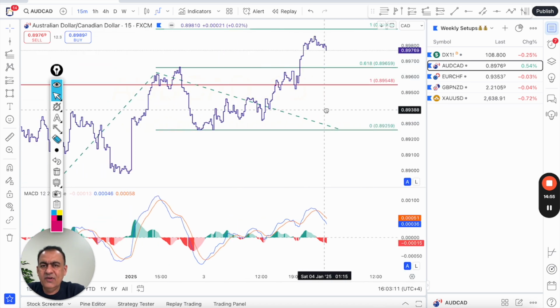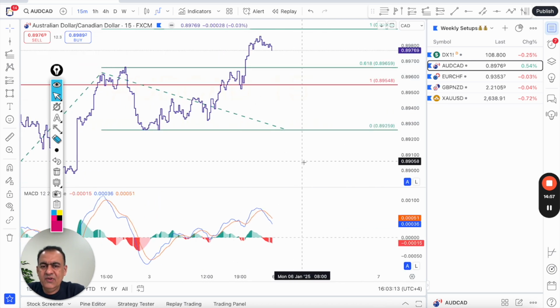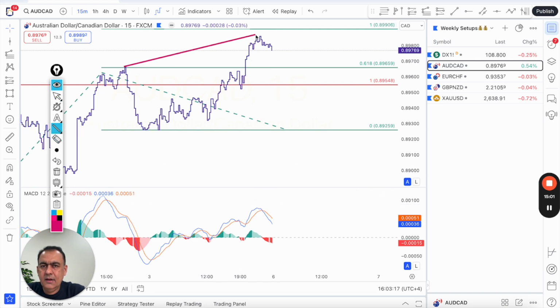So moving to 15 minutes. Now based on 15 minutes, it's creating higher highs, and yes, higher highs all around. So any pullback should be taken as an opportunity to buy. So until it holds above this level 8925, I will look for buying opportunity in AUDCAD.